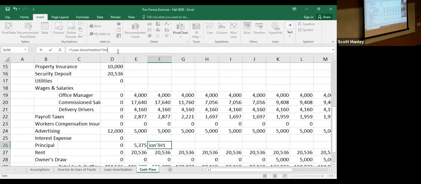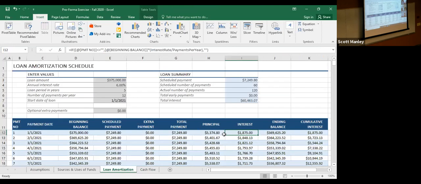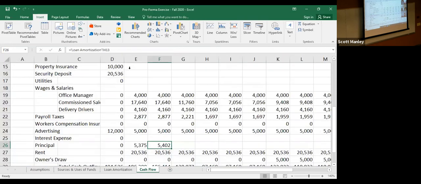Just know this, I can paste it in there, but I have to change 1 digit. Okay, I started at H12. The next one's going to be H13, H14. Okay, so when I copied it in there, I need to change that to H14. Okay, H15.